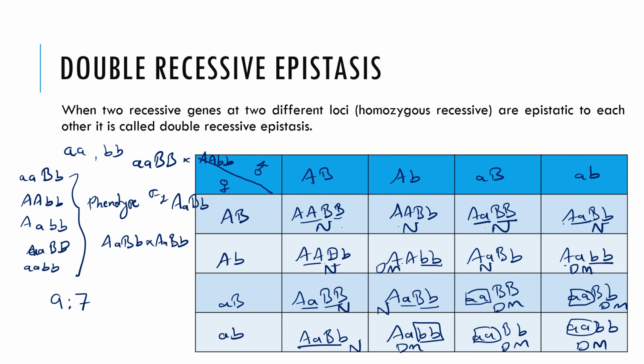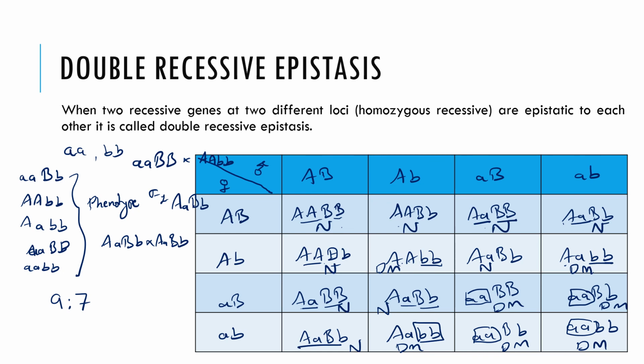So the ratio of the double recessive epistatic over here will be 9:7, and in case of double dominant we saw it was 15:1. So here the affected number increases in case of double recessive epistatic.